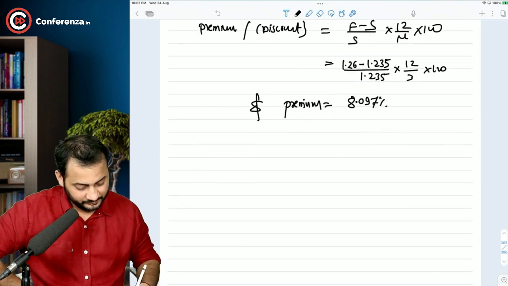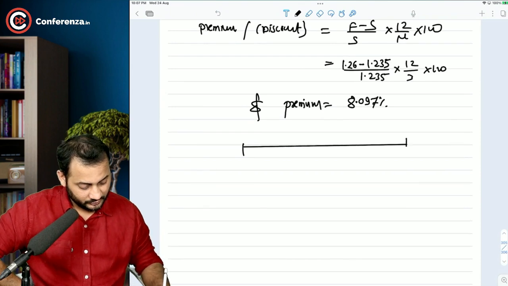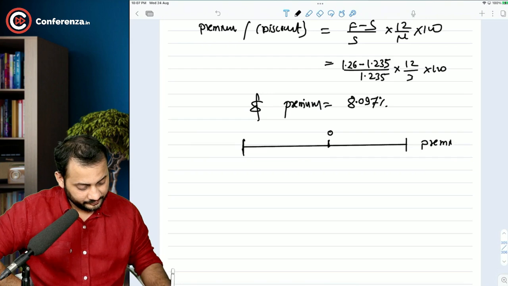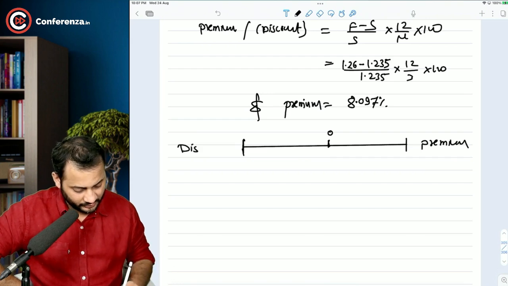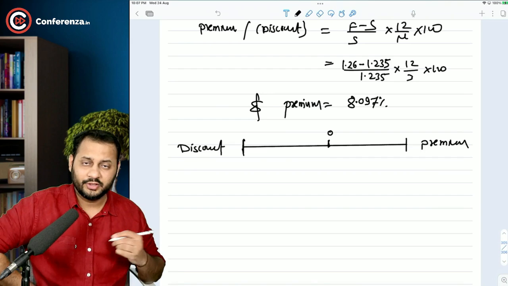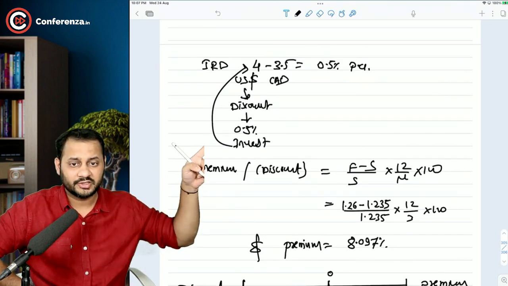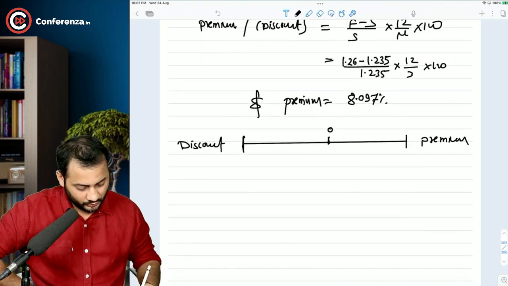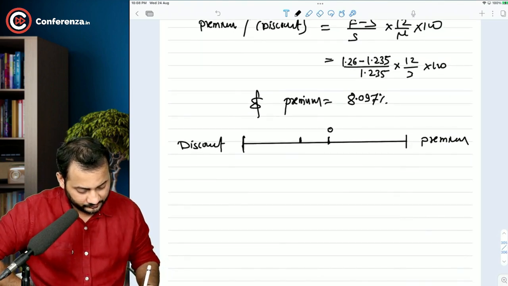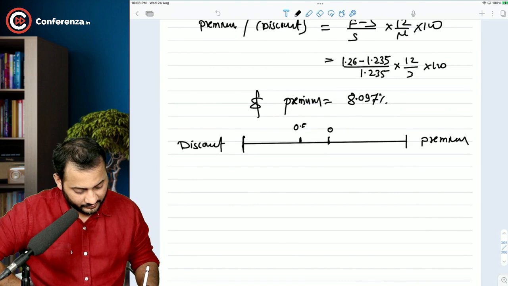Now if you draw the timeline, this is 0, this side we take premium, this side we normally take discount. So according to the interest rate differential, 0.5% should be the discount in dollar. So somewhere around this, 0.5%.